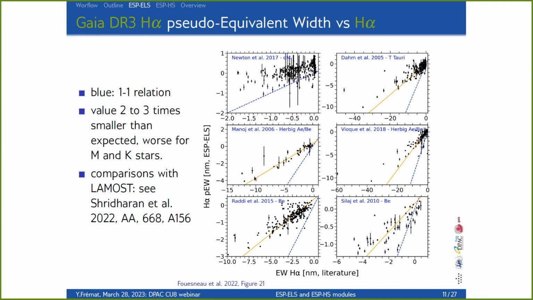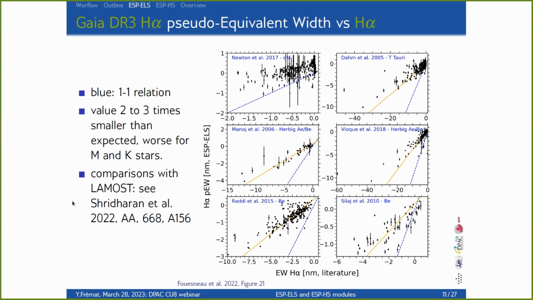Here what you see is a fit in orange, a linear fit we propose through the observed data. The identity relation is provided by this blue line.